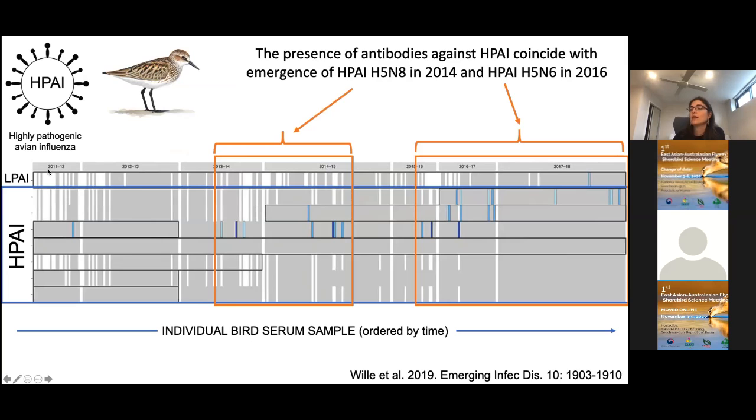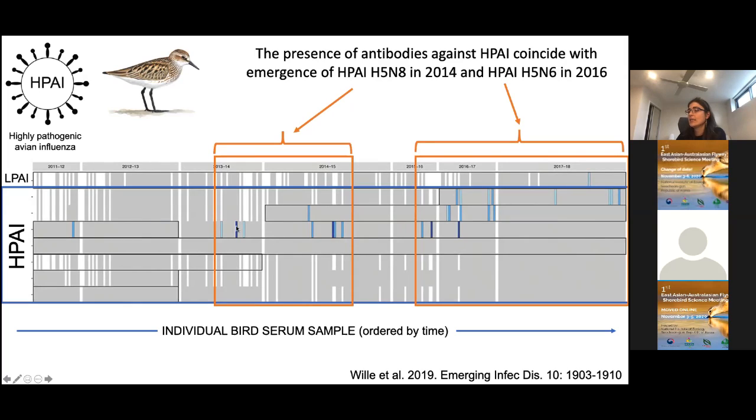So we tested birds starting in 2011 all the way through to sort of March, April 2018. So again, every column is an individual. And we see for the most part, the birds are negative for these viruses, but there are some occasions where blue does show up here, and those are positive.